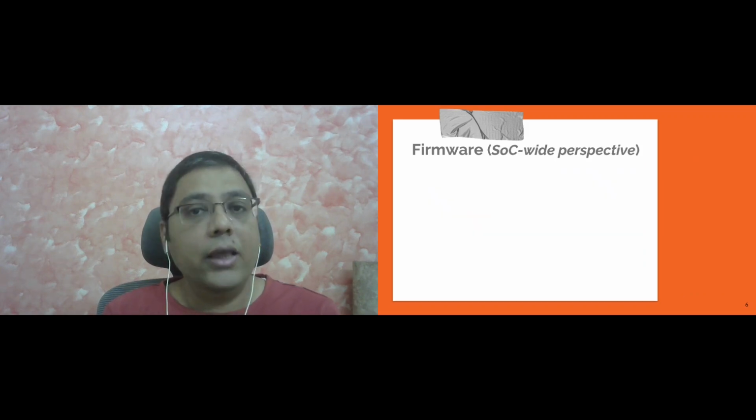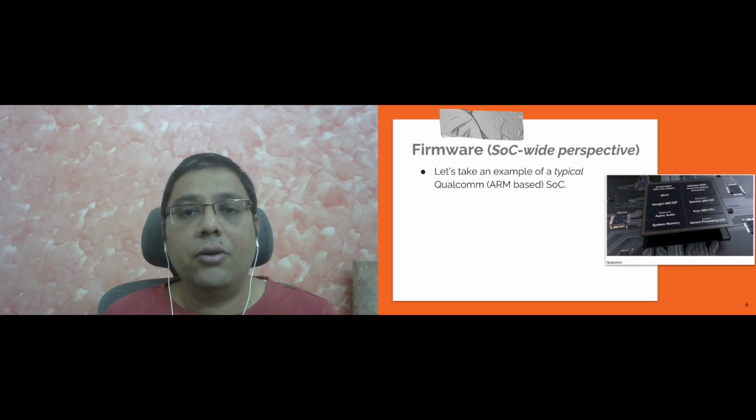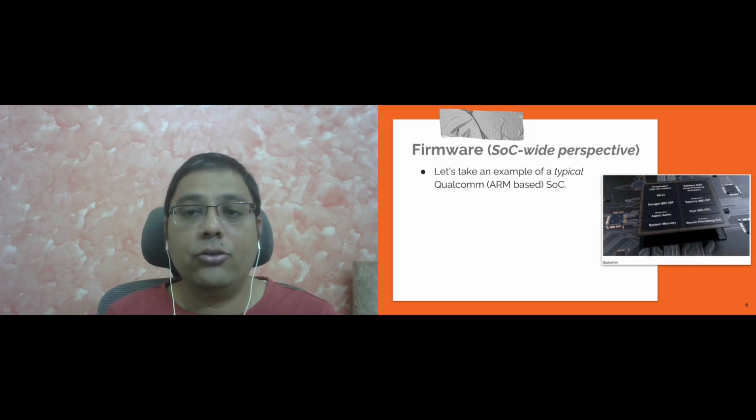Now, let's broaden the canvas and consider the scenario where we have a system on chip, aka SoC. Let's consider a typical ARM-based Qualcomm SoC, which can be an SDM845, let's say, running in an SDM845 based mobile phone. It has several blocks, as we can see in the picture on the right hand side, which can be related to the overall security of the device and its power management interface, that is, battery life.